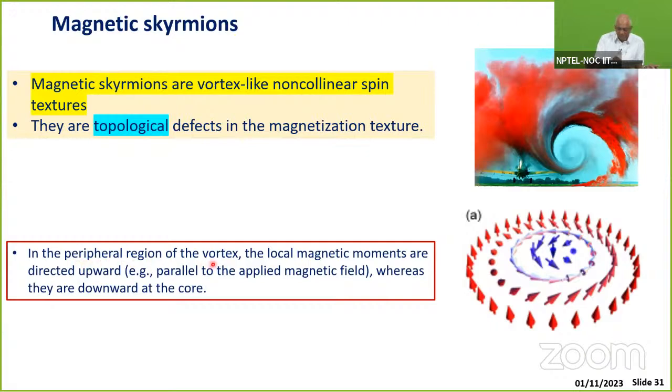So in the peripheral region of the vortex, the local magnetic moments are directed upward, that is parallel to the applied magnetic field, whereas in the core, they are downward. So the blue versus the center versus the periphery. So you form this spinning vortex of spin structure, like a tornado, a quasi-particle.